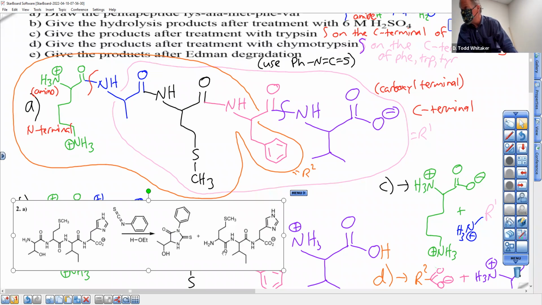I don't mind. If I give specific pH conditions, I start minding. But if you're not told anything about pH or acid, like hydroxide or sulfuric acid present, then you can draw NH2 or NH3+. So you can draw them like this.